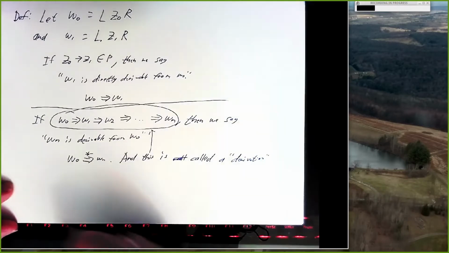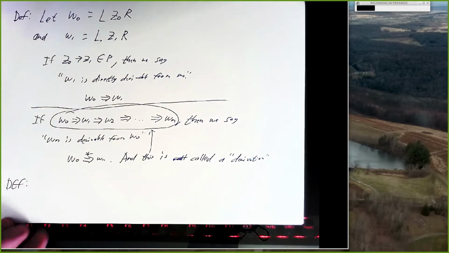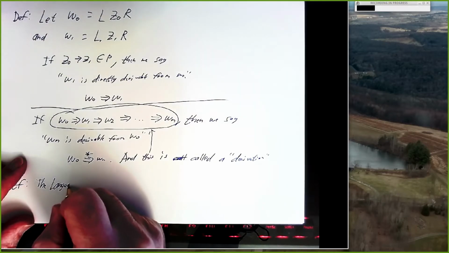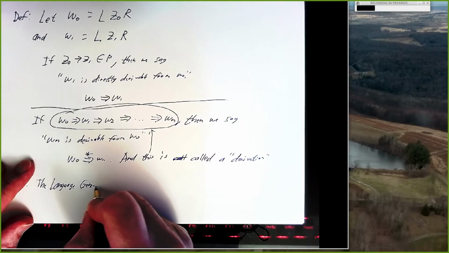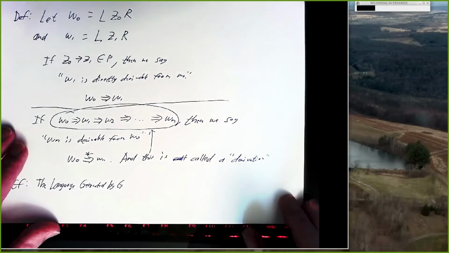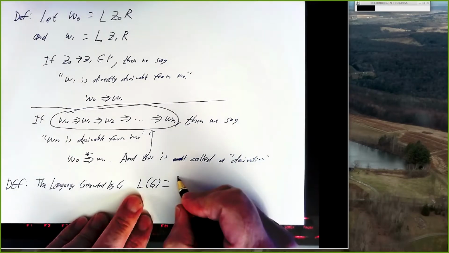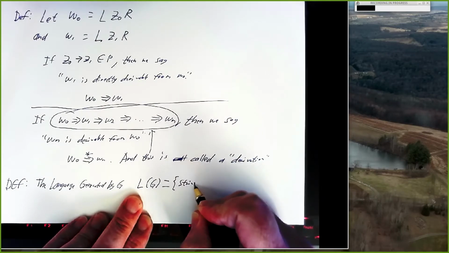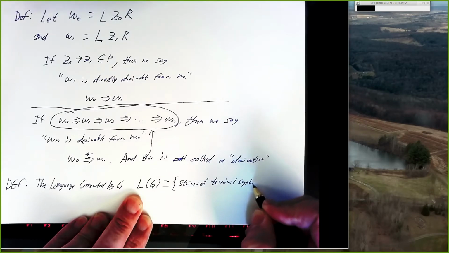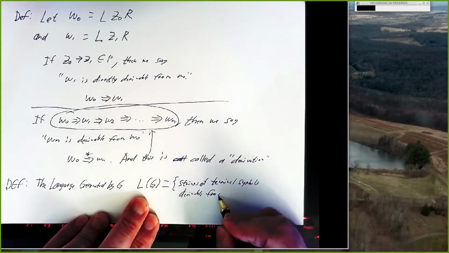And so we're going to use that chain rule notion in our most glorious definition of this section, which is the language generated by G. So the language generated by a grammar G, or sometimes we call it the language of G, is equal to the set of all strings of terminal symbols which are derivable from S, the start symbol.